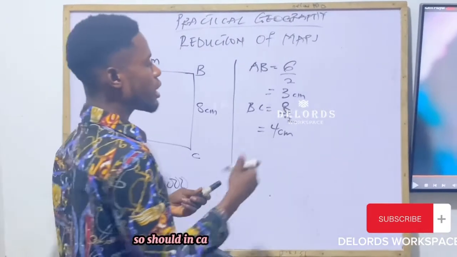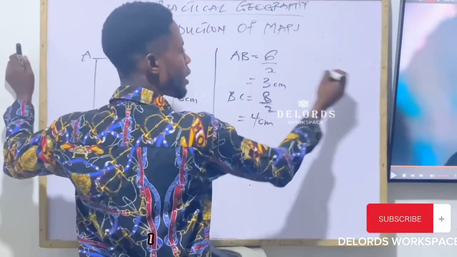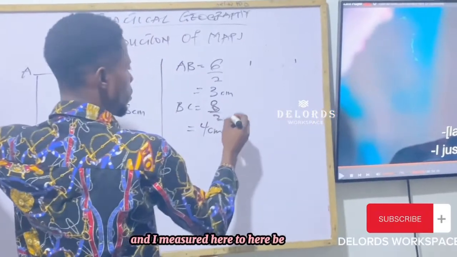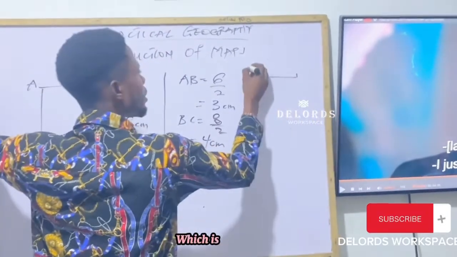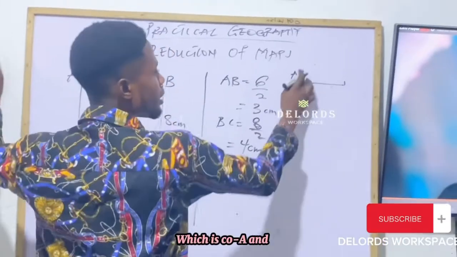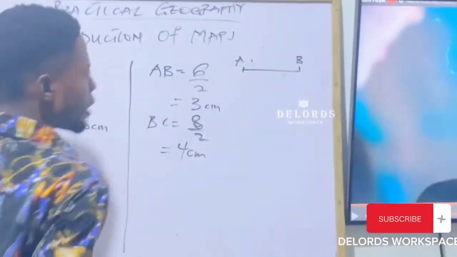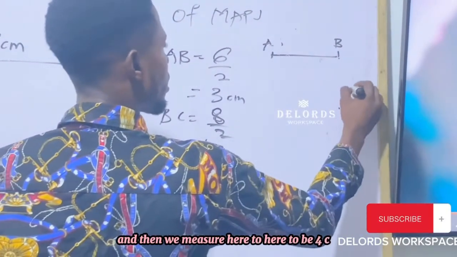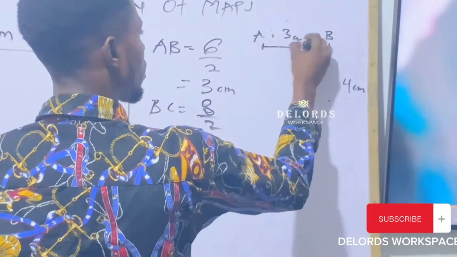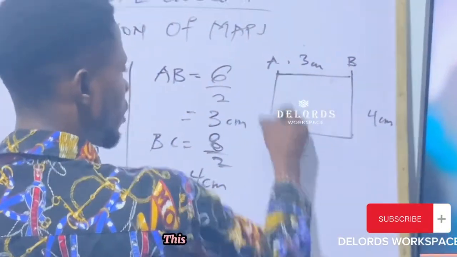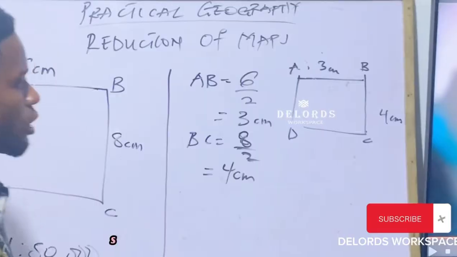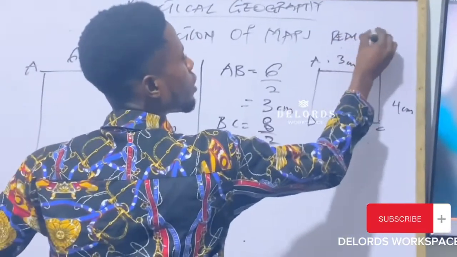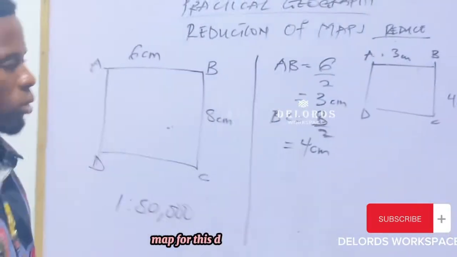So in case we need to draw this, let's assume I have a ruler here and I measured here to here being 3 centimeters, which is coordinates A and B. And then we measured here to here to be 4 centimeters, which is coordinates C and D. So this is the reduced map for this block over here.